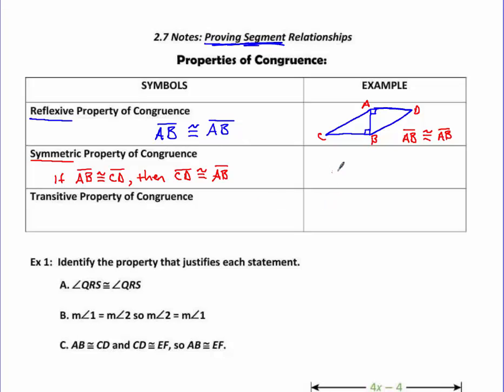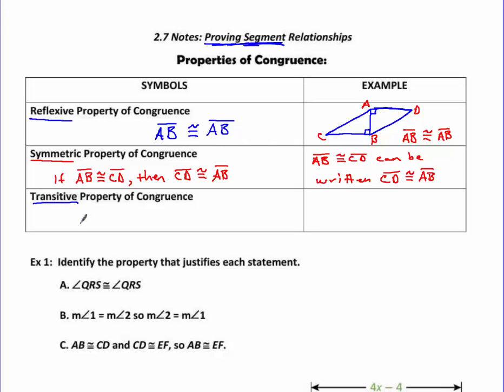Okay, so we're not going to really draw a picture of that. What we're just going to say is when we have AB congruent to CD, that can be written CD is congruent to AB. And that's going to be important when we're doing proofs. A lot of times we need to change the order of things, and this helps us do that very easily.